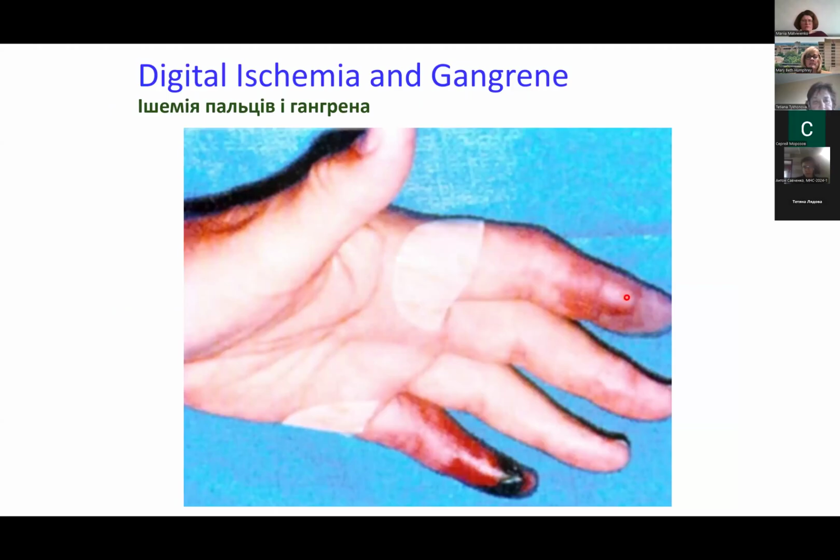So the digital ischemia that can happen. So when you get acute clotting, you can get this ischemia. So this is gangrene already. This is necrotic finger. And you can see that it's got this area of very black. It still hasn't opened yet. So, but once it opens, it'll probably be wet gangrene.